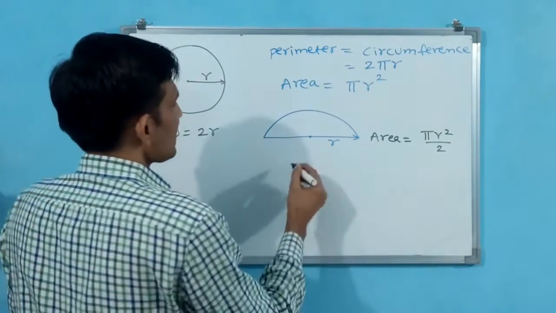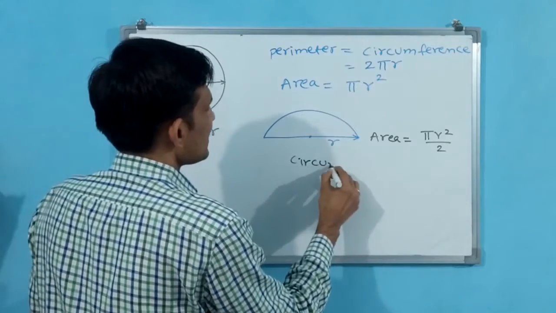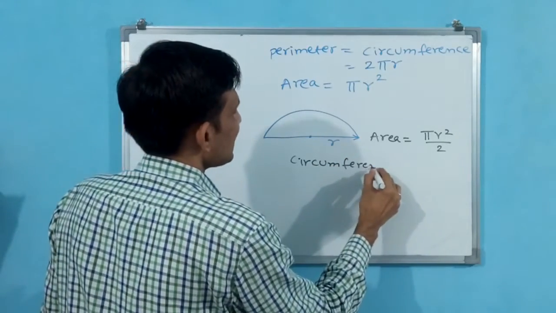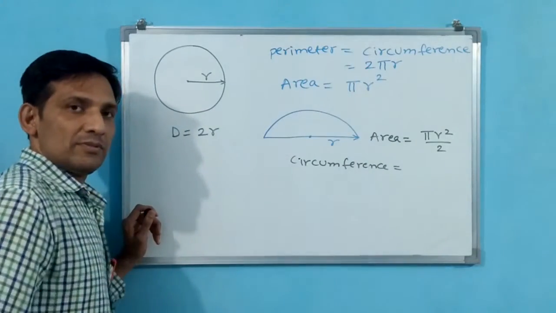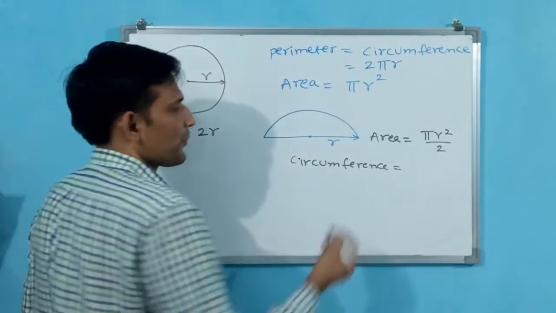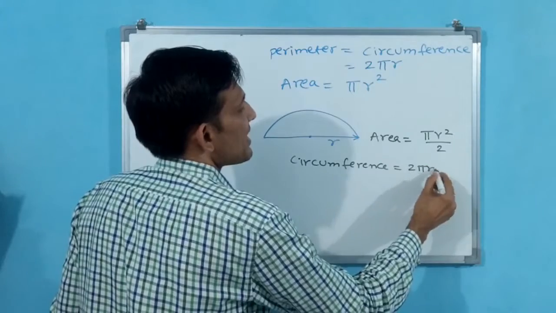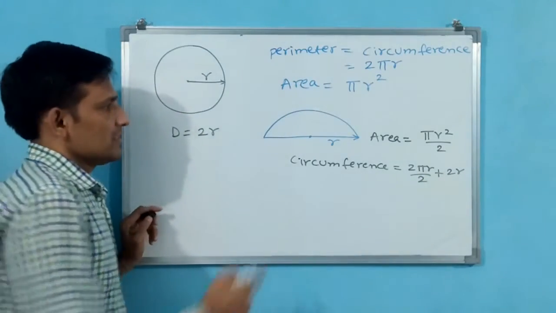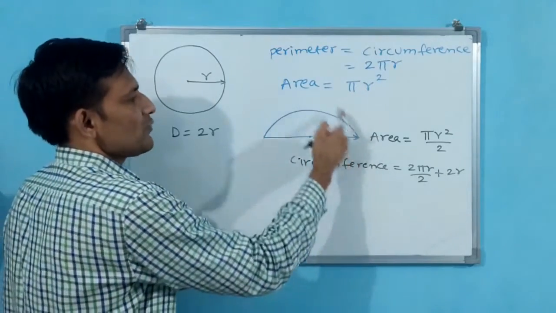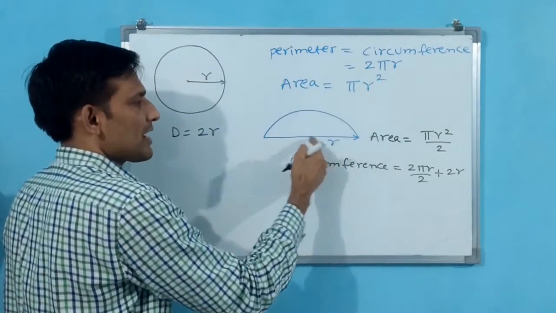What about circumference? 2 pi r by 2. Is it correct? No. 2 pi r by 2 plus 2r. Why? See, up to here only 2 pi r by 2. But what about r and r?